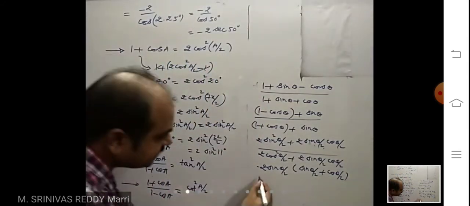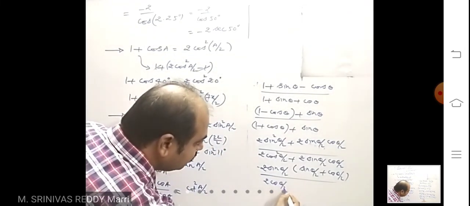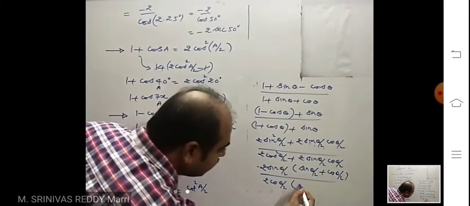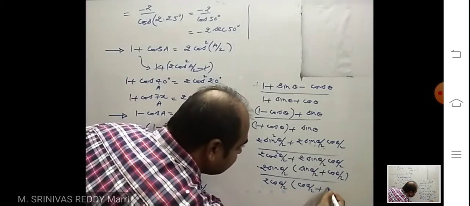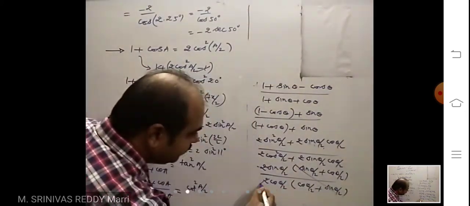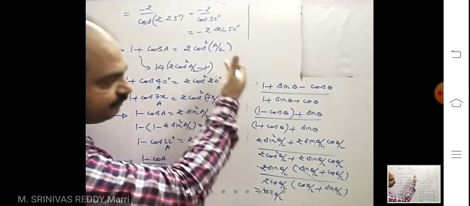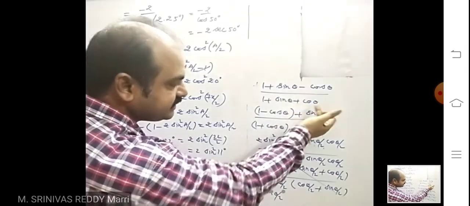In the denominator, if you take 2 cos theta by 2 common, you will get cos theta by 2 plus sine theta by 2. Like that, whenever simplification comes, write 1 in combination with cos. Then you can make use of 1 minus cos A equal to 2 sine square A by 2 and 1 plus cos A equal to 2 cos square A by 2. Like that, it will come number of times. You have to make use of that.